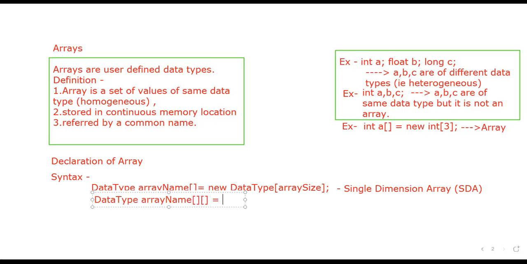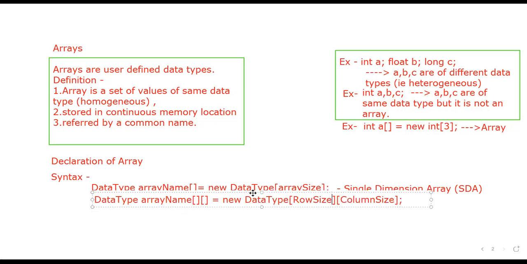If I write it like this, new data type, then I say row size, then column size. So what does it mean? I will explain. Row size.